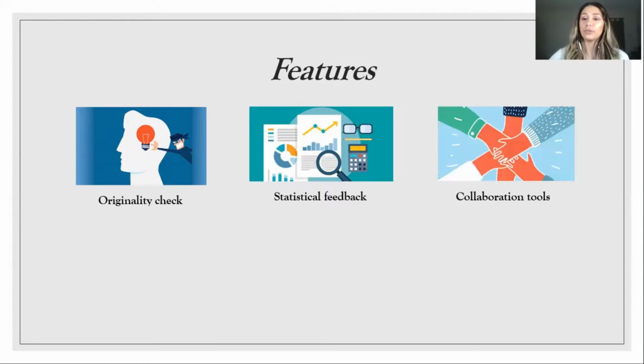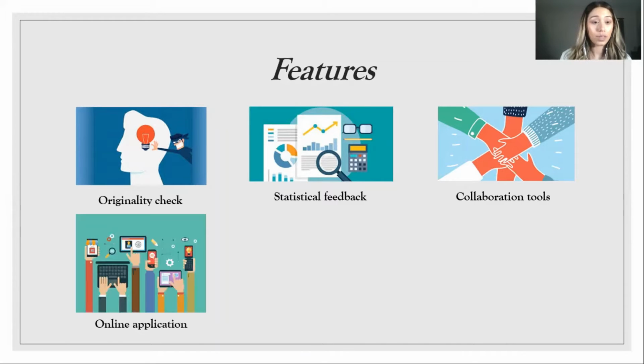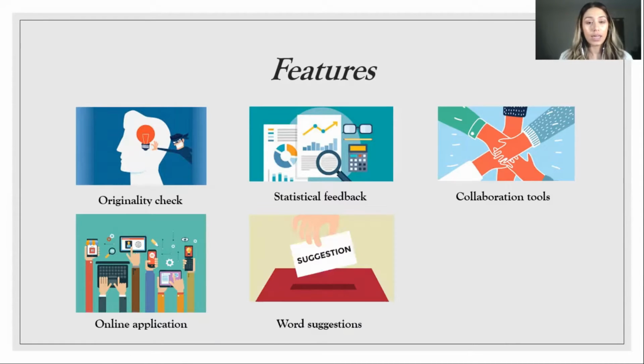It also has collaboration tools that allow a group of people to work on the same paper. It has different online applications on the tablet, the phone, and the laptop. And it gives you word suggestions.